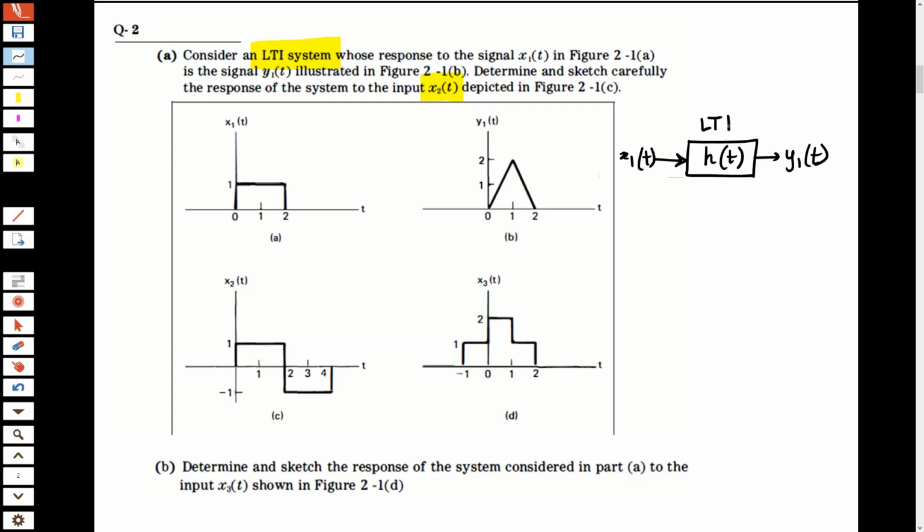The beauty of it being a linear time invariant system is that because it is linear, if you multiply an input by a certain factor, the output would also be multiplied with that factor, right? And it being time invariant means that if you know for a certain input what is the output, you can say with guarantee that if the input was shifted by an amount capital T, then the output will also be shifted by that same duration.